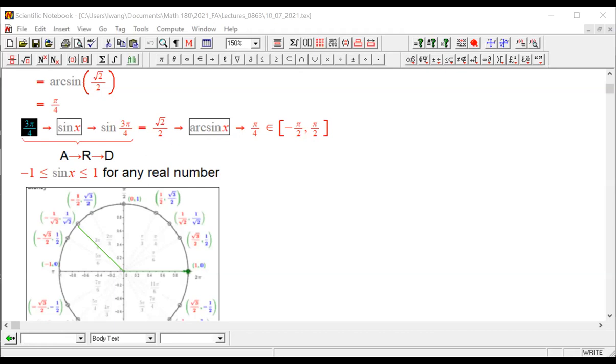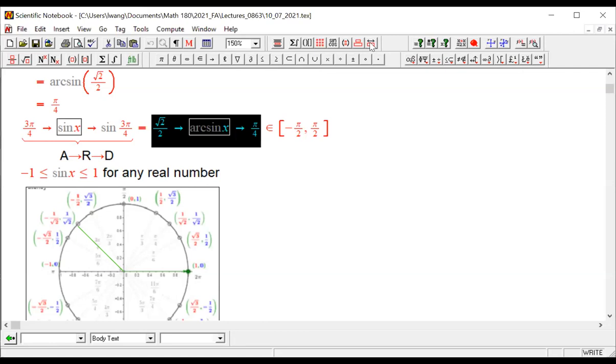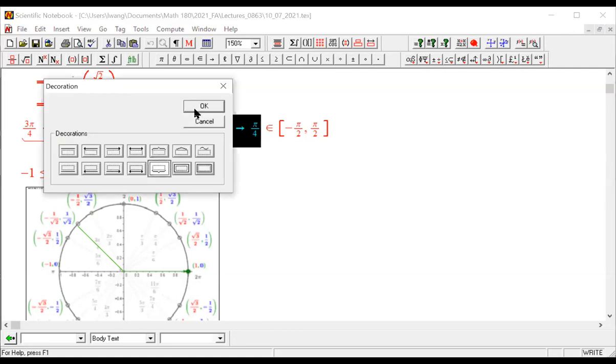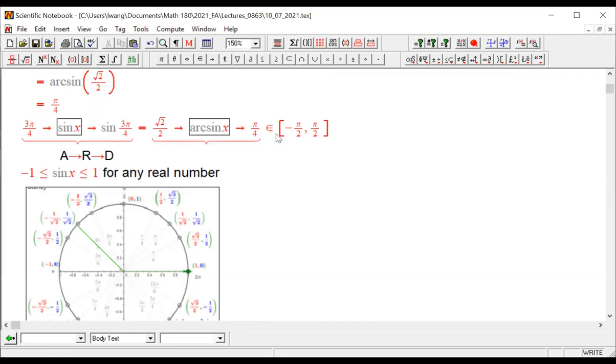And the next piece is DRA. Okay, from ratio to angle is DRA, right? So we know the ratio is √2/2, right?